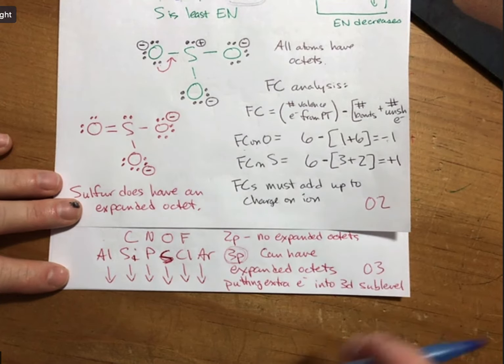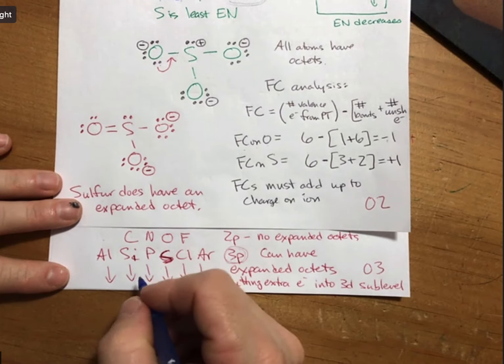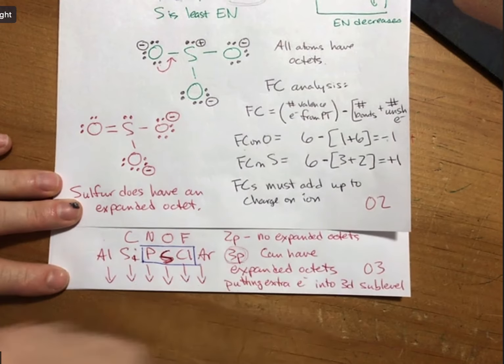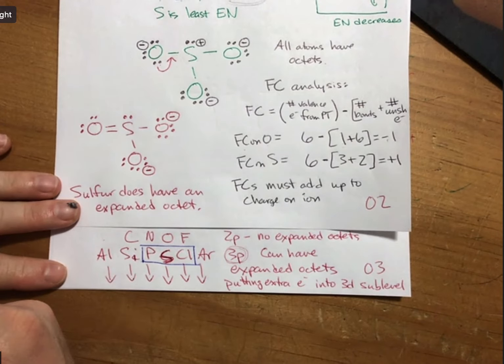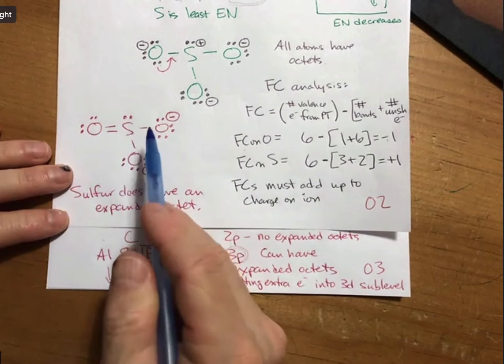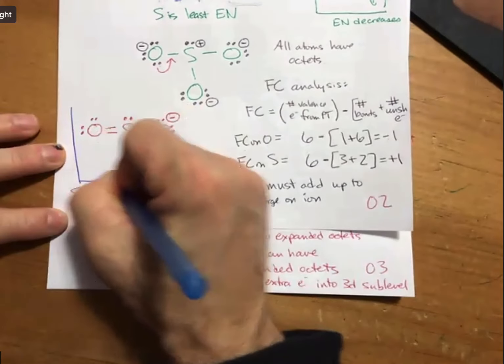All right. And so by far the most common elements to see expanded octets are phosphorus, sulfur, and chlorine, though other ones can be seen. And that means that this is our final answer. This is the best Lewis structure.